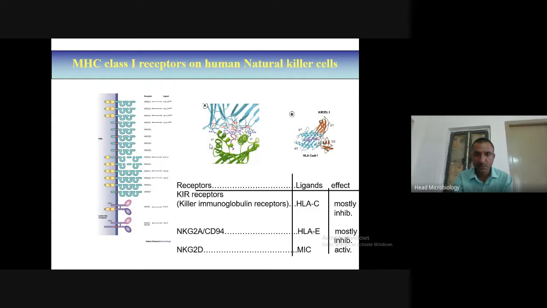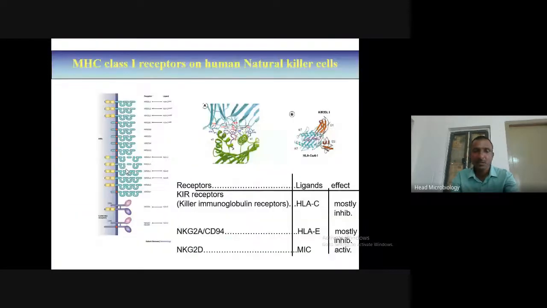Here, different ligands and different receptors are observed on human natural killer cells. When we observe the image, the sequences or ligands are similar, but there are one or two amino acid differences. These amino acids are replaced by the HLA-G gene and HLA-Z gene; different genes can replace them.